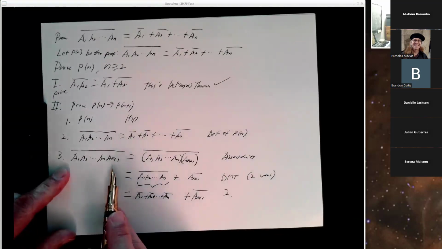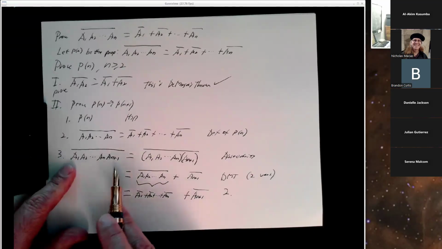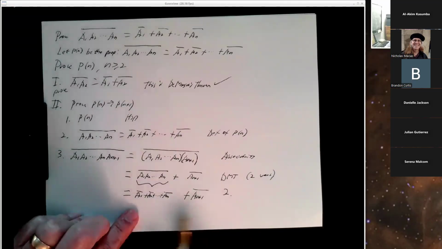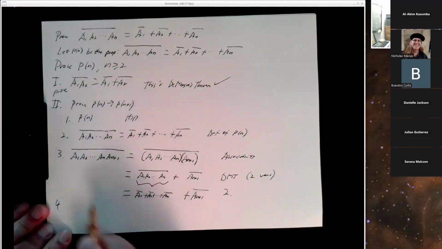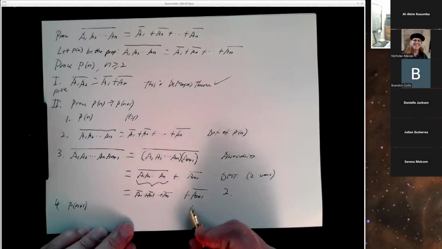And this is what P of n plus 1 says. It says the NAND of n plus 1 variables is the OR of those n plus 1 variables complemented. So this proposition 3 is the statement of P of n plus 1. And that's just the definition.